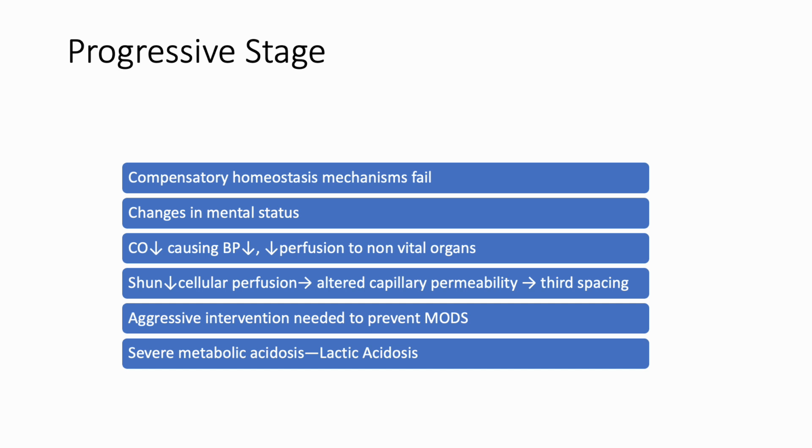And cellular perfusion is shunted, and capillary permeability increases, leading to third spacing or fluid leaking into tissues. Aggressive intervention is necessary to prevent MODS, and that severe metabolic acidosis, specifically lactic acidosis, develops as a result of anaerobic metabolism.